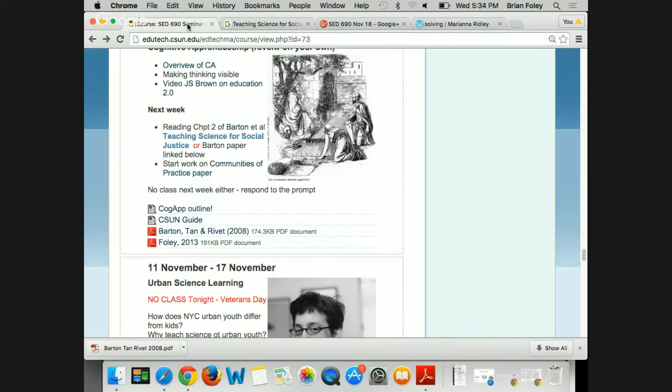Okay, I want to switch gears a little bit because we've been talking for a while, and I know that not everybody is up to date with the reading, but you need to know the stories. We had these two papers. One is chapter 2 of Teaching Science for Social Justice, and the other one is Barton, Tan, and Rivet.